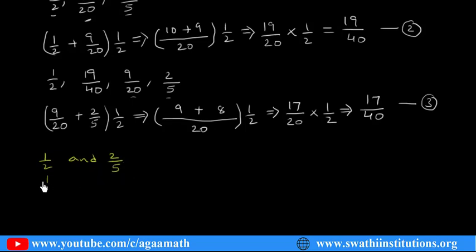If you divide 1 by 2, you get 0.5, and 2 by 5, if you convert it to decimal, what you get is 0.4. Now how many rational numbers did they ask us to insert?